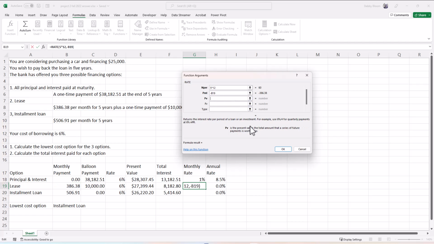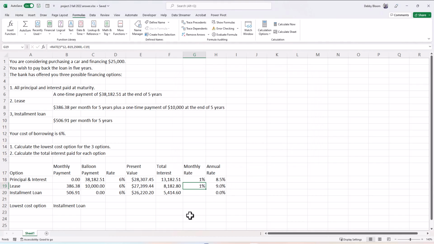Today we're borrowing $25,000, so it's a positive $25,000. And then in the future value, we're going to have to pay $10,000 after the last payment of $386.38, so negative C19, or negative 10,000. We click OK. This rate is 9%.